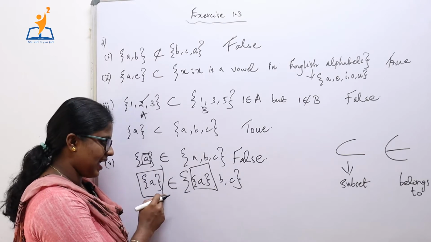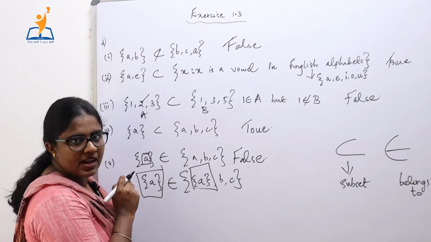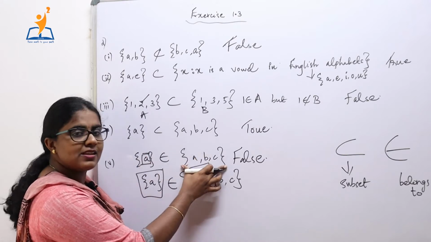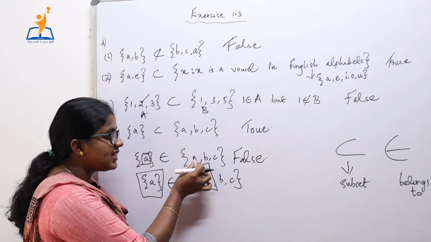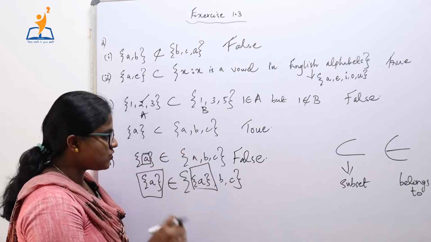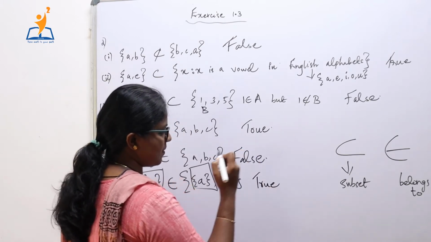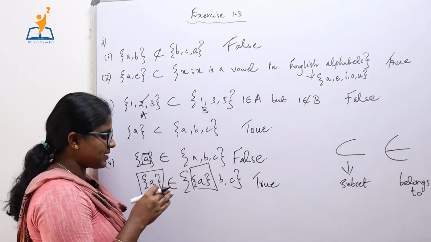That is, set A belongs to this particular set. In this case, set A is not present in this particular set. We have only the element A here. So this particular statement is false, but this particular statement is true. I hope it is clear to you.